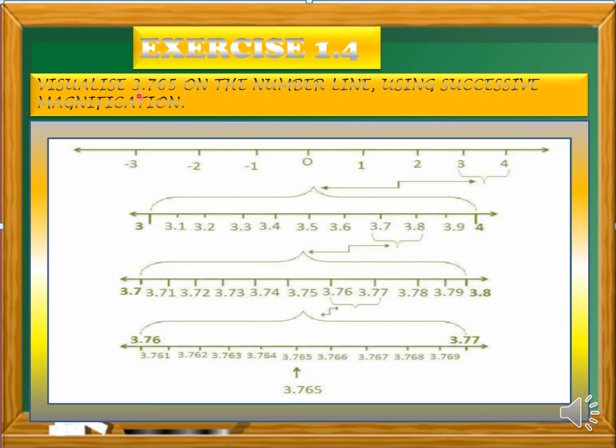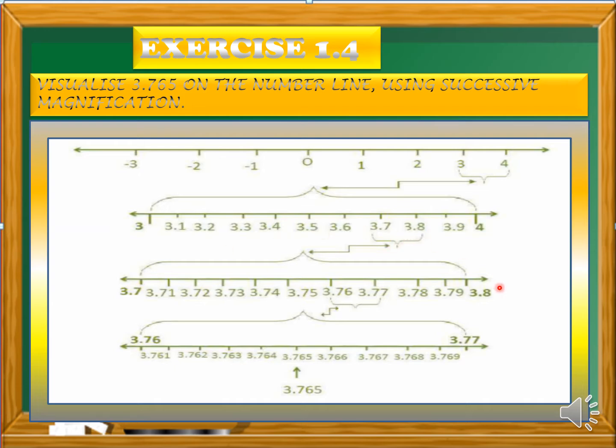As here the first number is 3, we are going to take the number 3, that is plus 1, 3 and 4. When we split between them, we can see 9 subdivisions, that is 3.1. Just add a point plus 1, then point plus 2, plus 3, so on till 9, 3.9. When we do like that, here they have said to represent 3.7, and we are going to take the number 3.7 on the number line, plus 1, 3.8.